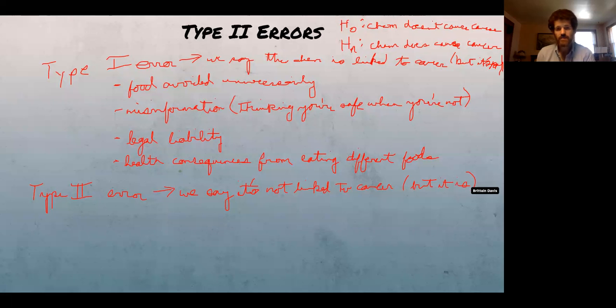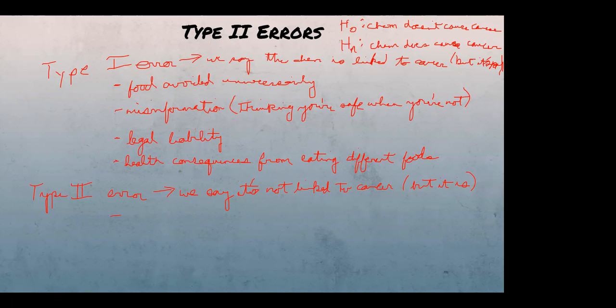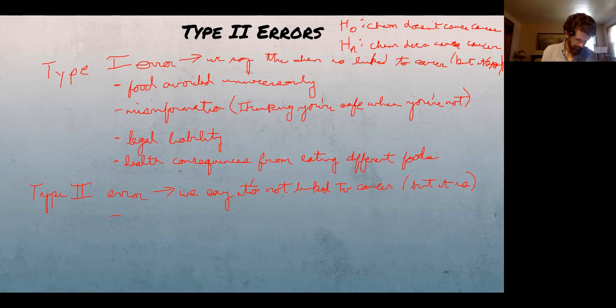So remember, this is all very situation dependent. Sometimes a type 1 error or a type 2 error can be worse. Let's go through the consequences. So let's say we say it's not linked to cancer, but it really is. What's a consequence here? People are going to get cancer. There you go. I'll just put cancer.